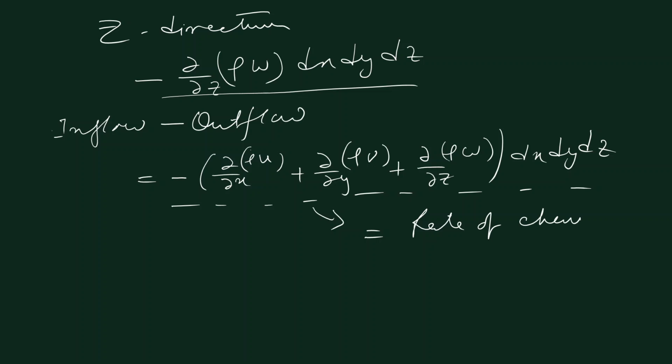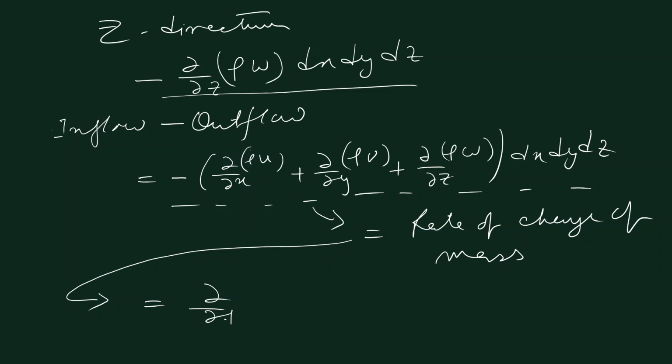Now, in this case, this rate of change of mass will be del t of the mass inside the control volume, that is rho into its volume dx dy dz. So that is del t of rho dx dy dz.